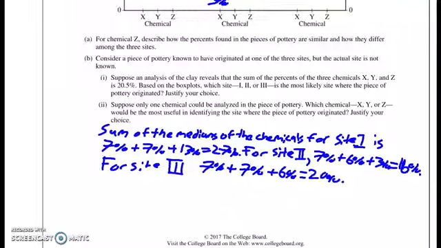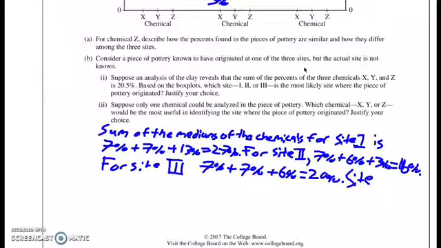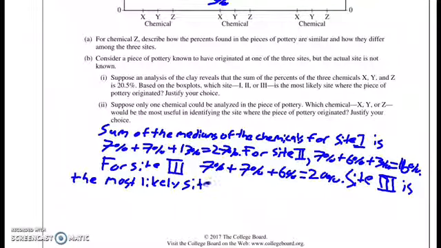And so just judging from these three calculations, we can say that site 3 is the most likely site that the piece of pottery originated from.